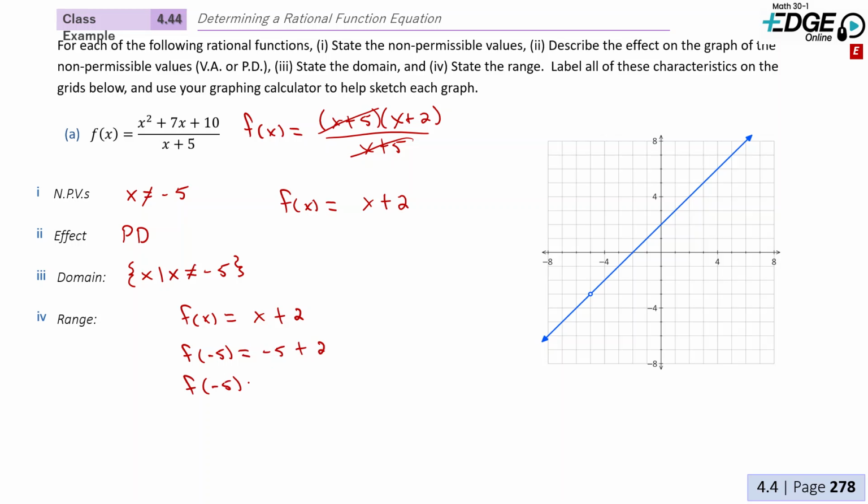So f of negative 5 is equal to negative 3. So there you go. Our range value cannot be negative 3. So this point of discontinuity would be at negative 5, negative 3. So we just need to exclude that y value from our range now. So for our range, y such that y cannot equal negative 3.